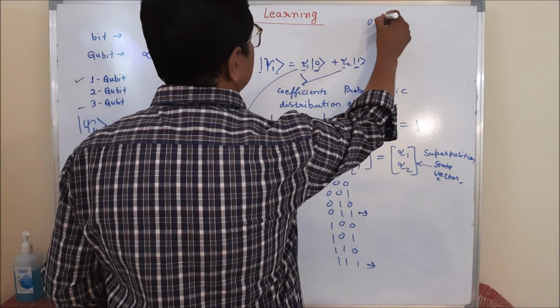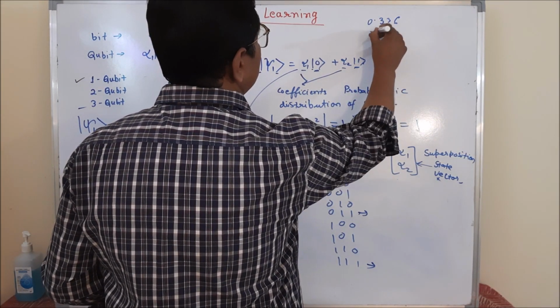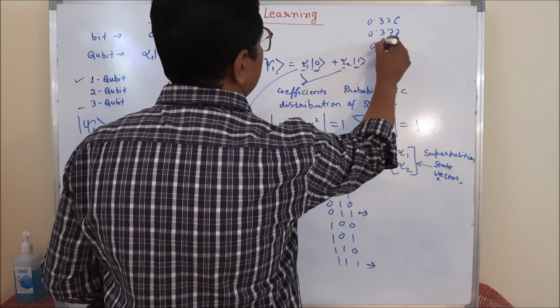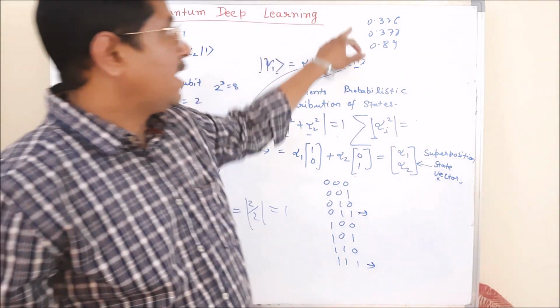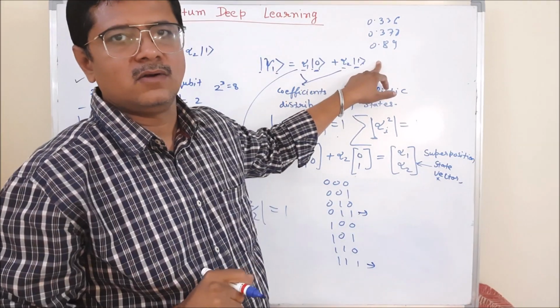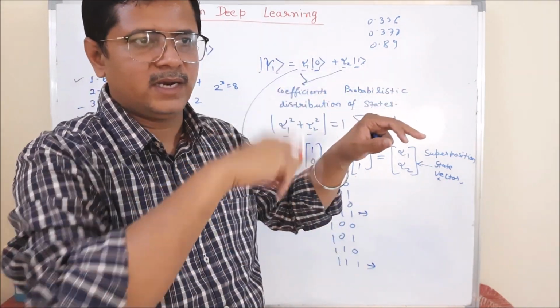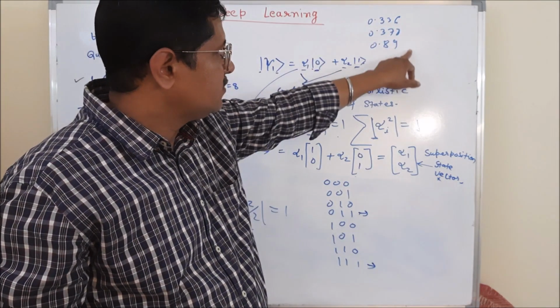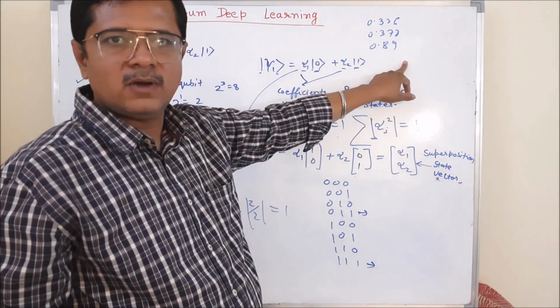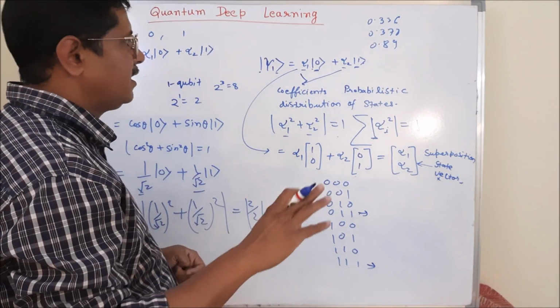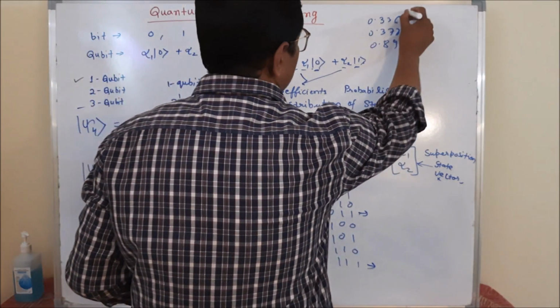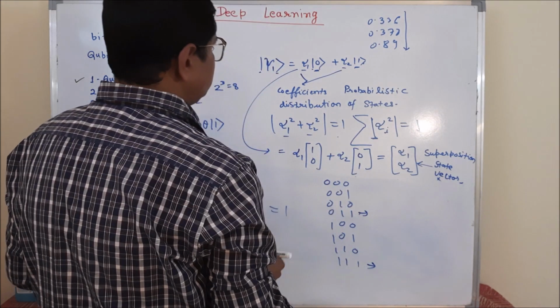Now you may say that our data does not look like this. Our data is like 0.336, 0.378, 0.89, like this. Then what will we do? For that we generally do some angular rotation. We take the radian, first normalize the data into 0 to 1 format and then take the angular rotations. For that we have to understand some gates to do those angular rotations.